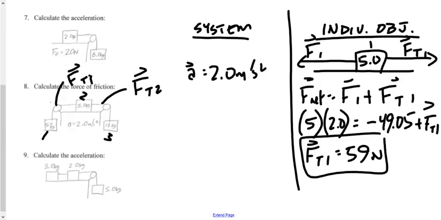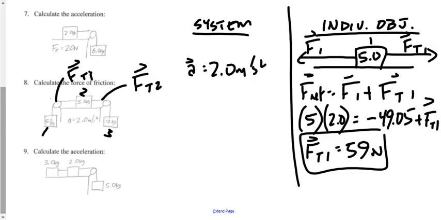If you tried to use the 3 kilogram object, it's theoretically correct, but you end up with 2 unknowns. So what you'd end up having to do there is go back to the third object, solve for Ft2, and then use that to come back here. I think it's easiest just to start off with the 5 kilogram object. Now, having said that, we still need to find the tension in the other rope, Ft2.